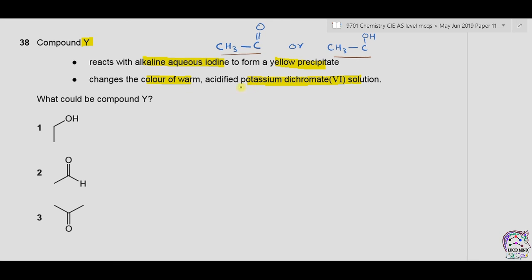For the second observation, we can infer that this compound can be further oxidized. Let's draw the structures. For the first, we can see that there are 2 carbon atoms and 1 OH group attached. So this is a primary alcohol, and a primary alcohol can be oxidized to an aldehyde.